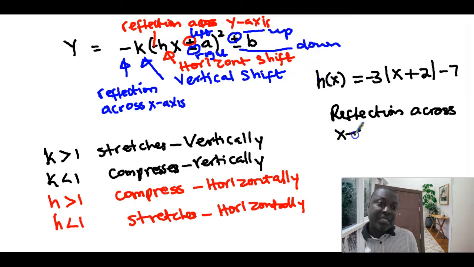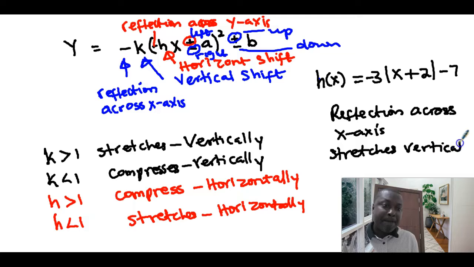So reflection across the x-axis is happening. Because of the 3, don't take this one to be -3 and say, oh, it's less than 1. No, just look at the number. So here, because 3 is greater than 1, this one stretches vertically by a factor of 3, because it's multiplying by the factor of 3. Yeah?